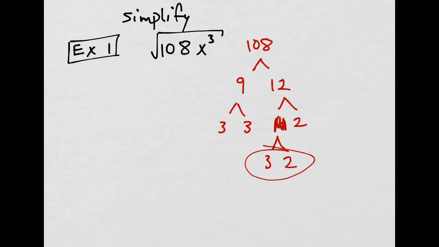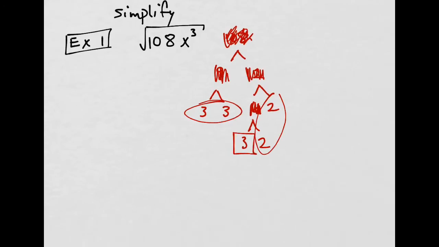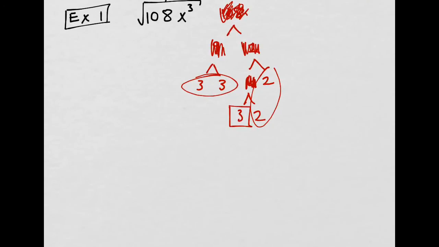It's 3 times 2. Same with this 12, because that was 6 times 2, and that means 3 times 2 times 2. That's 12. So I don't pay attention to anything that already has been broken down. That's important to know. And then I'm trying to pair up everything. So I have a pair of 3s and a pair of 2s and a single 3 all by itself.